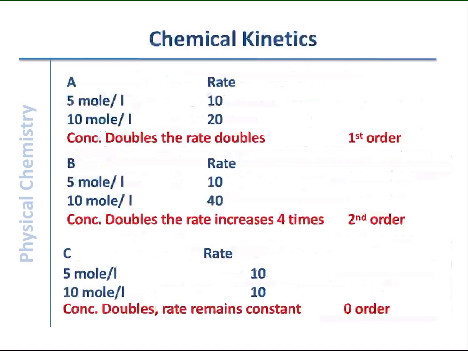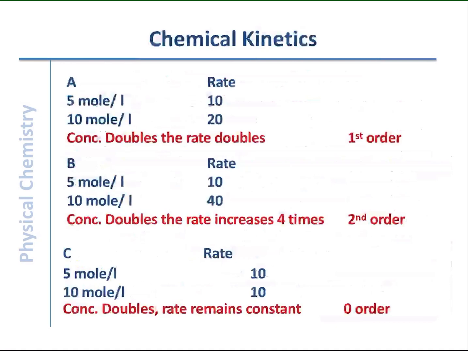In the first experiment, the concentration of reactant A was 5 mole per liter. In the second experiment, the concentration of A was 10 mole per liter. So the concentration of A in the second experiment is double the concentration of A in the first experiment.